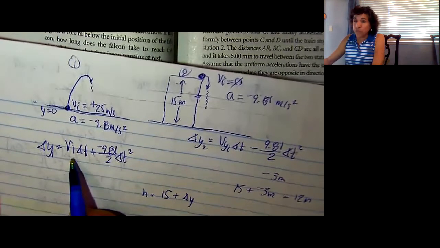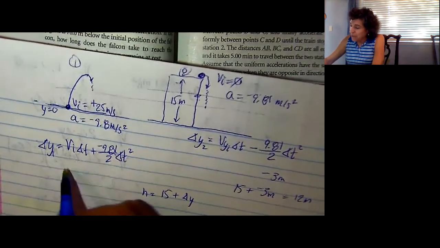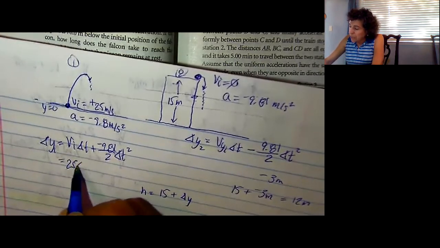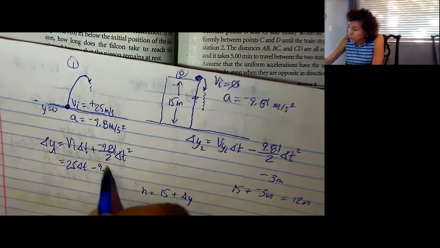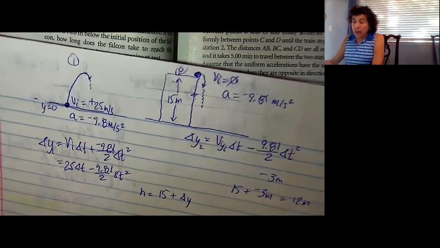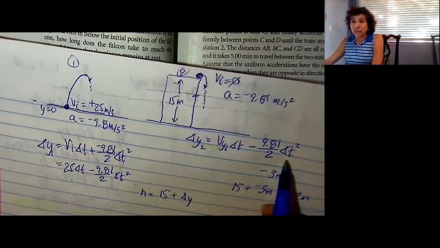All right, so let's finish filling this out. I know that the initial velocity here is 25 meters per second. We'll leave the meters per second out. So 25 delta t minus 9.81 over 2 delta t squared. And all that has got to equal 15 plus all this over here. Well, let's look over here.